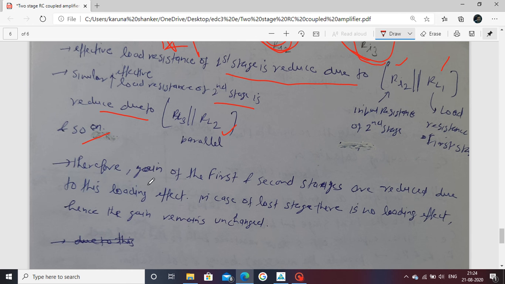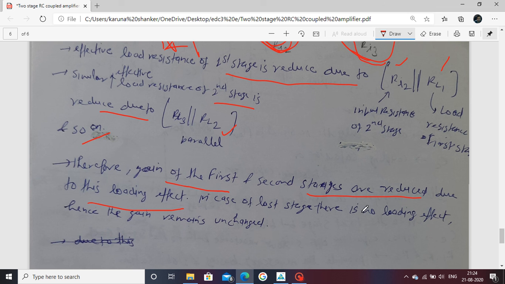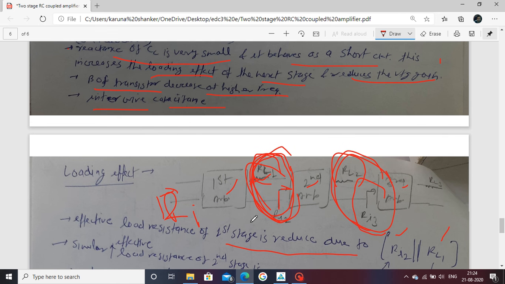Therefore the gain of the first stage and second stage is reduced due to this loading effect. This is called the loading effect: due to the parallel combination, the resistance value reduces, and because of this effect the voltage gain is reduced.